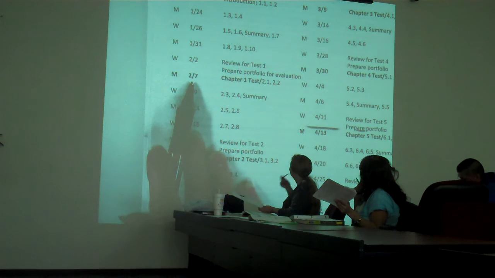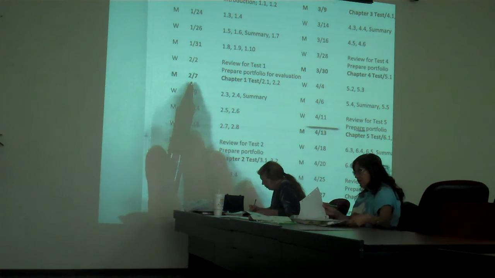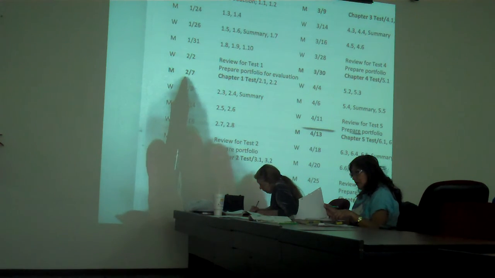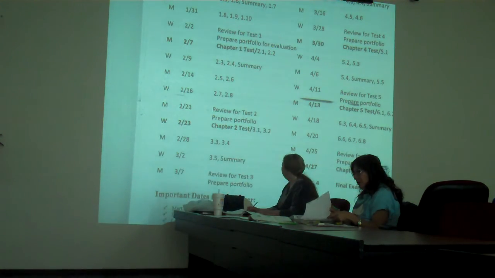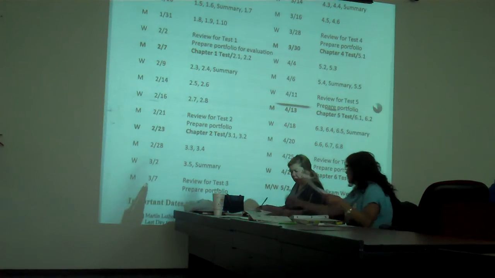If you look at your portfolio requirements, it also has the test days on those. First test day is February 7th. That's your first portfolio check. Chapter 2, this is in your syllabus, so you don't really have to take notes on it. Just this page is in your syllabus.